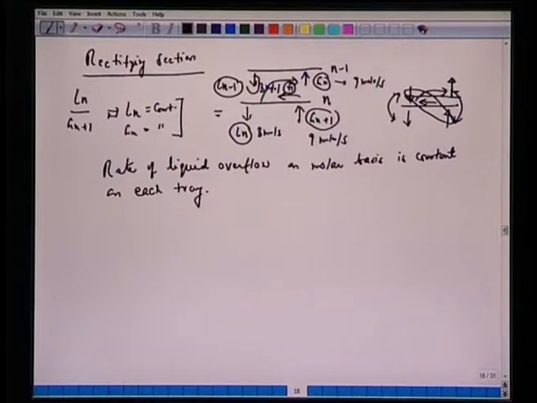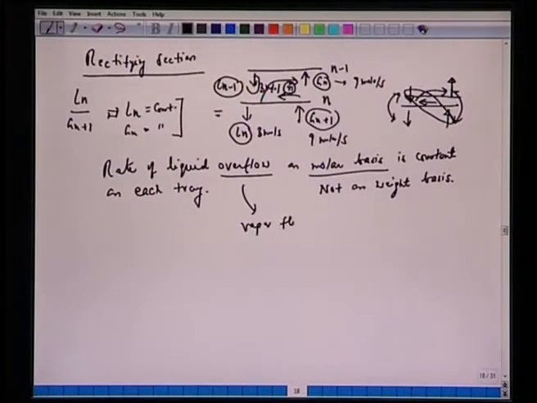Of course, first we note that it's a molar basis. We can make a note here that it is not on weight fraction basis or weight basis. All right, so liquid overflow as well as the vapor flow rate is constant on each tray.